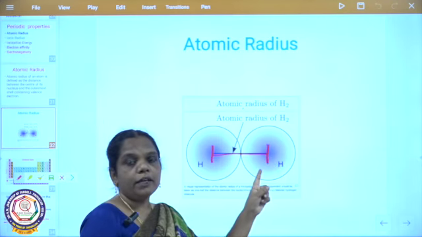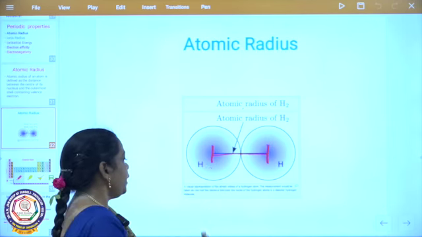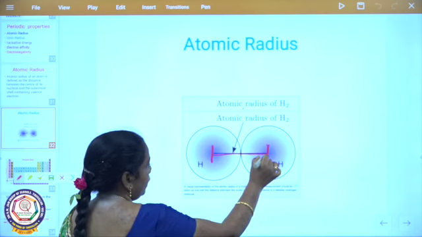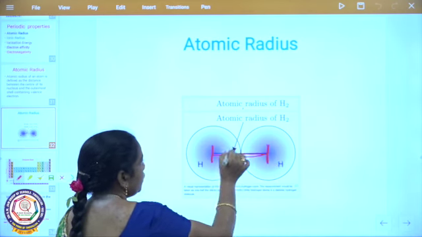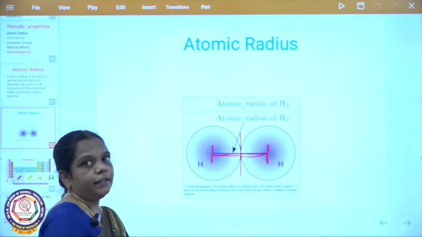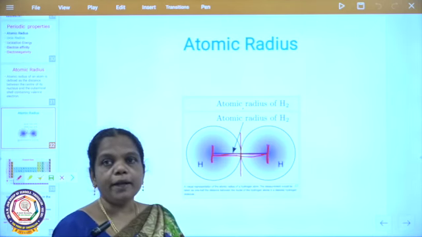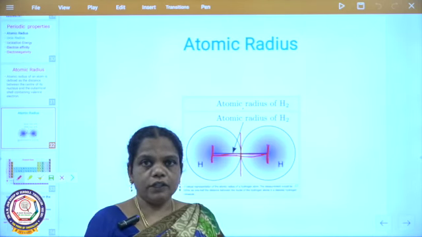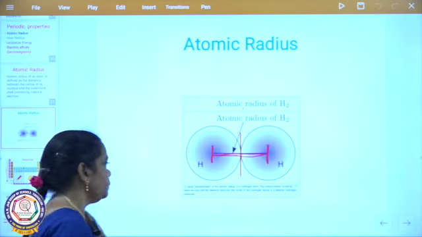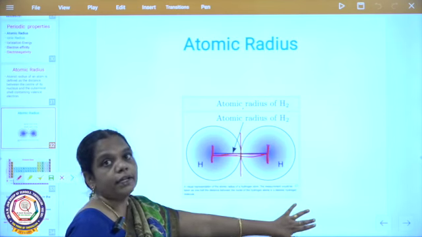So how many atoms are present? 2 atoms. So the measurement is taken as 1/2 of the distance between the hydrogen atoms. By this we can calculate the atomic radius. If the molecules are formed by a metallic bond, by this we can calculate the exact radius of an atom.